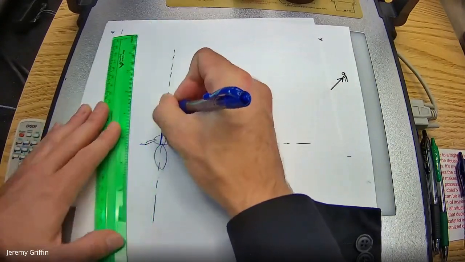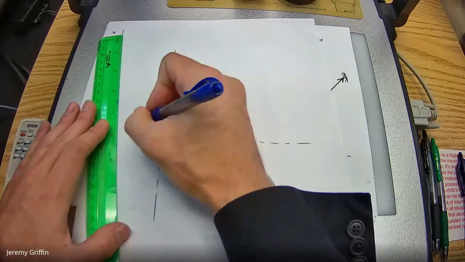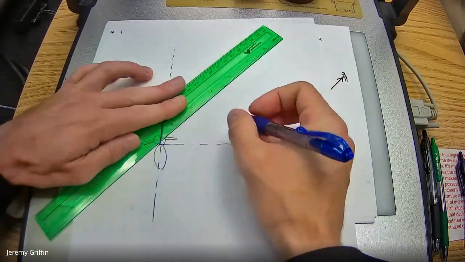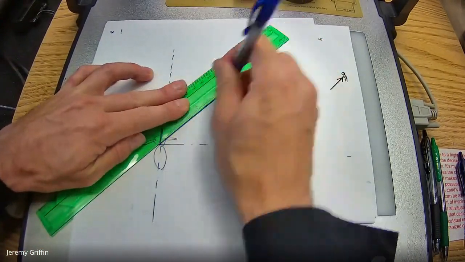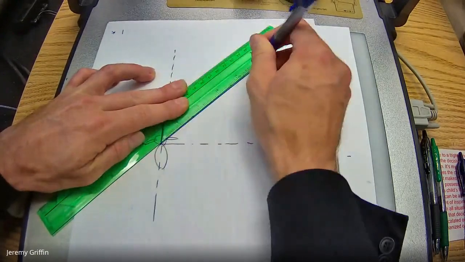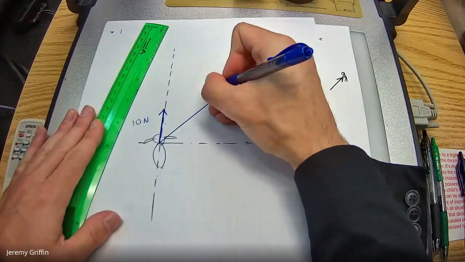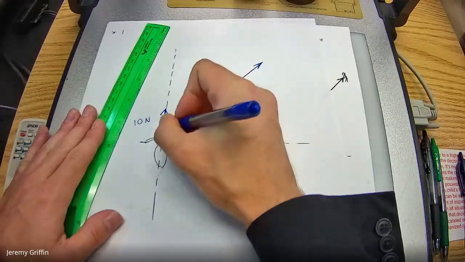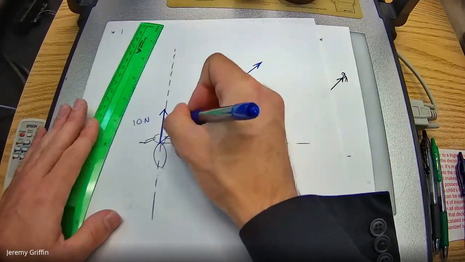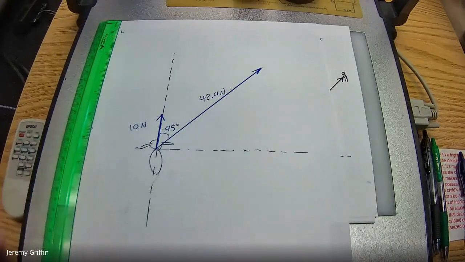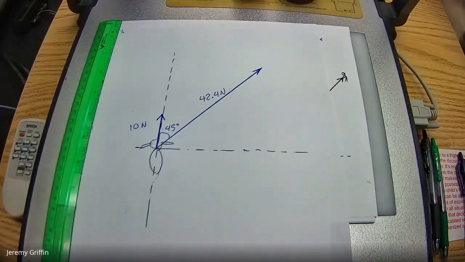That's kind of a small force, so hence I'm making a short vector, 10 newtons. The other guy's pulling with 4 times the force, so try to make it about 4 times as long. Well, a little bit more than that. 42.4 newtons at exactly a 45-degree angle northeast. So 45 degrees east of north, something like that.